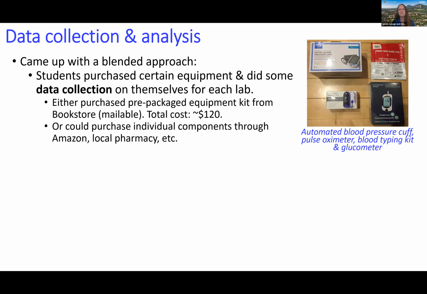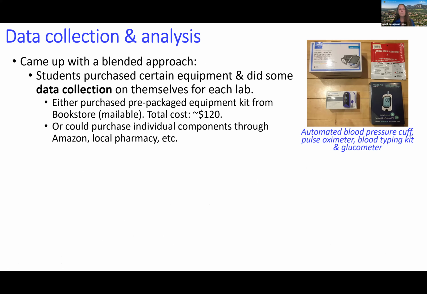First, we had students purchase certain equipment, and that allowed them to do some data collection on themselves for each lab. They could either purchase a prepackaged equipment kit from the bookstore. That included an automated blood pressure cuff, a pulse oximeter for measuring heart rate and blood oxygen levels, a blood typing kit, and a glucometer for measuring blood glucose levels.